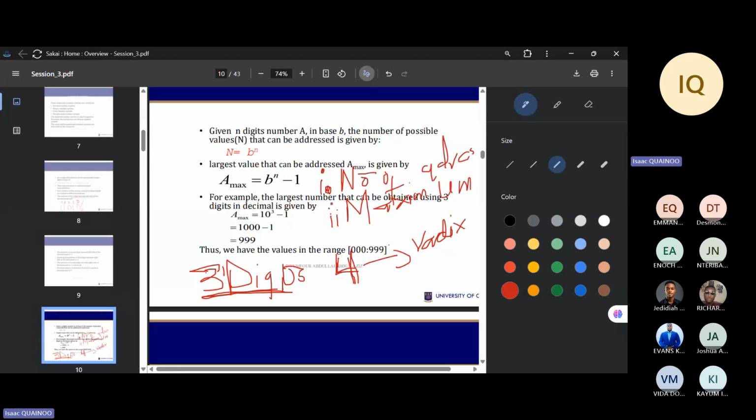Let us find I, the number of possible values that can be addressed within that number system. And 2, find the maximum representation, or the maximum number that can be represented in the number system.